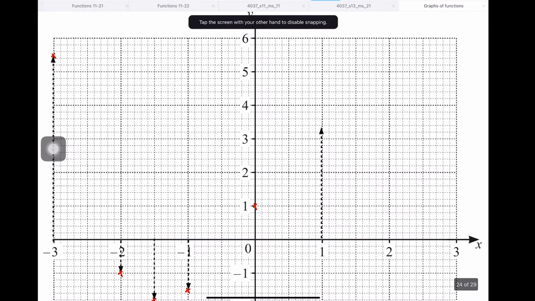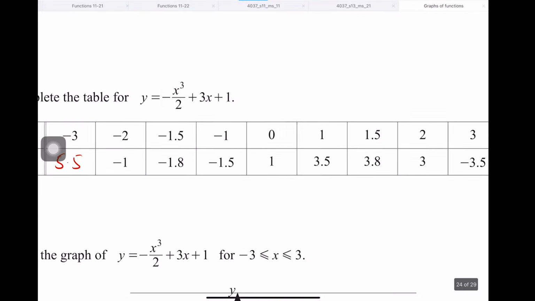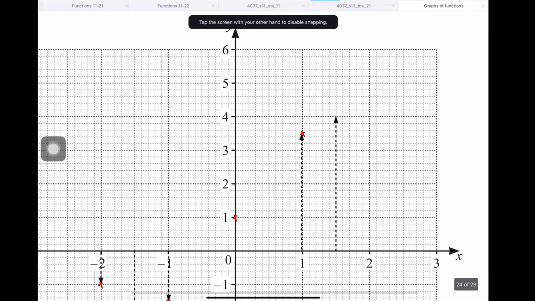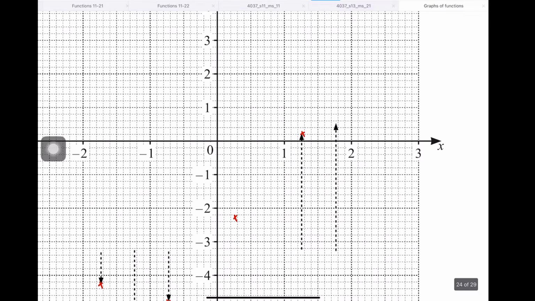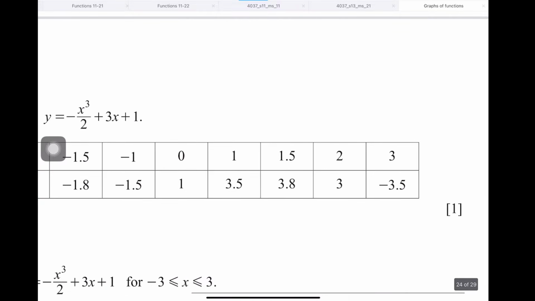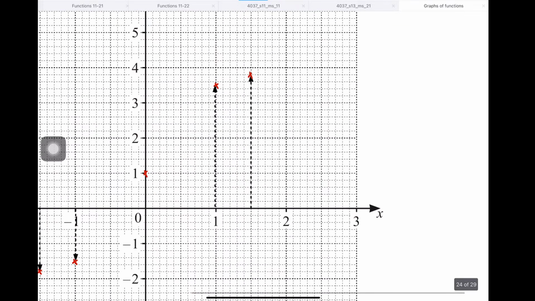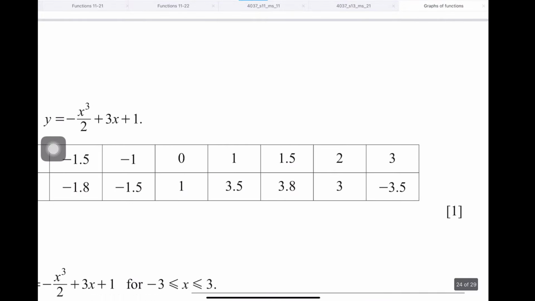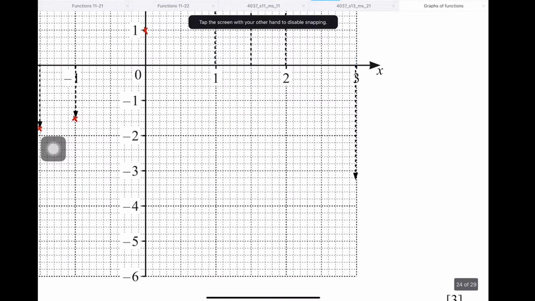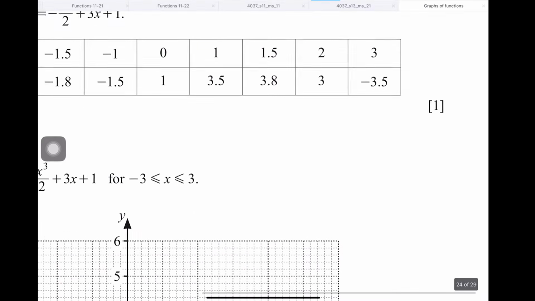So here's 3, here will be 3.5. And then at 1.5 it's 3.8, so that's here. And then at 2 it's 3, so that's here. And then at 3 it's -3.5. So like I said, watch out for that. At 3 it's -3.5, so that's going to be over here.